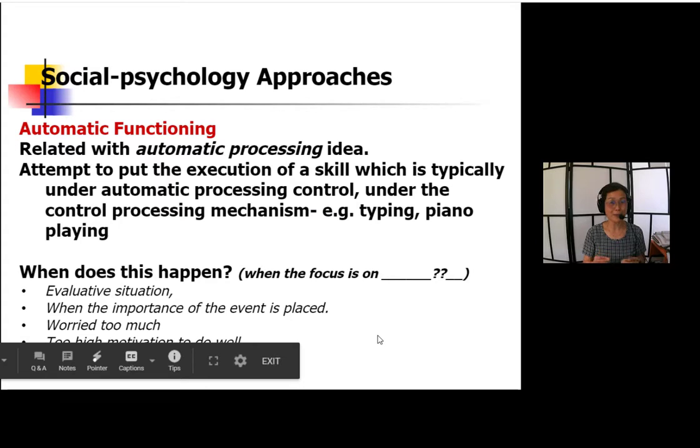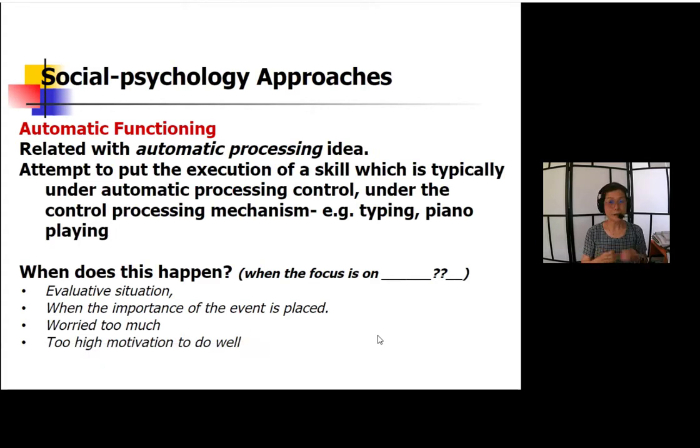So you don't have to think about it. You already know how to do it. It's just automatically executed. But for some reason, they put that skill, that performance, under a controlling processing mechanism. They start paying attention to their movement, which is automatized. Then you mess up the performance.